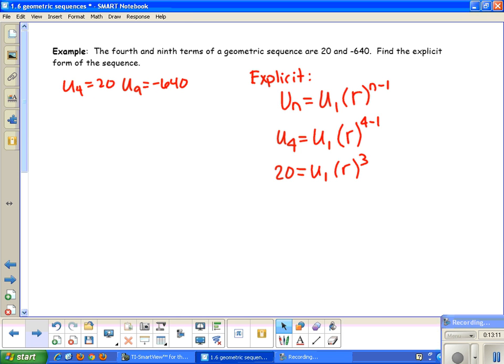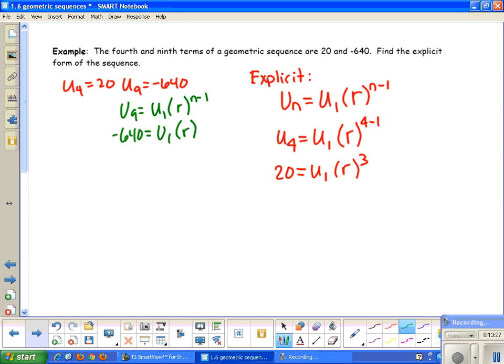Let's do the same thing for the ninth term. So u sub 9 would be equal to my first term times r to the n minus 1 power. The ninth term we already know is negative 640, equals my first term times r to the 9 minus 1, which would be 8.